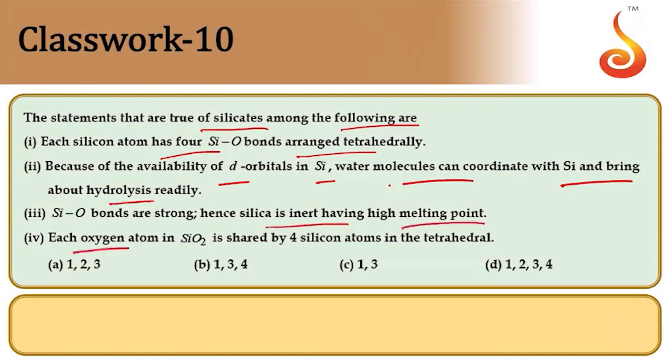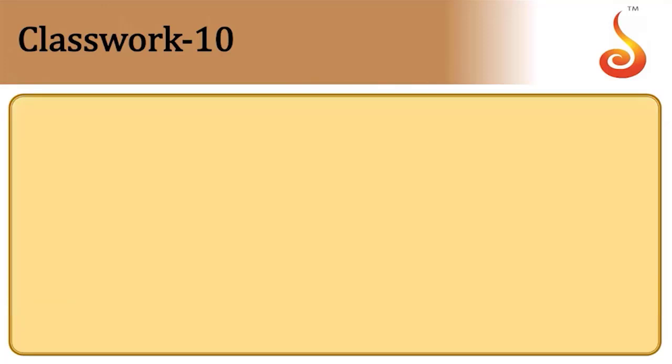And each oxygen atom in silica is shared by 4 silicons and then a tetrahedral structure. Let us see the structure of silica and then the silicate unit. The silicate unit has an SiO4 structure. Silicates cannot undergo hydrolysis because of this stability. When you take the structure of silica, each silicon is surrounded by 4 oxygen atoms.